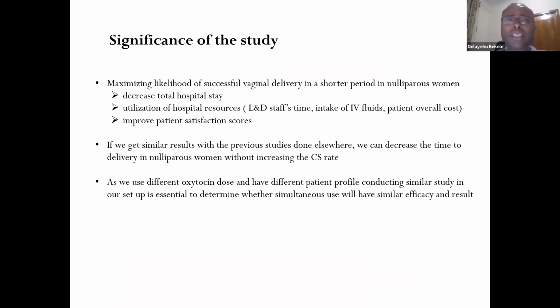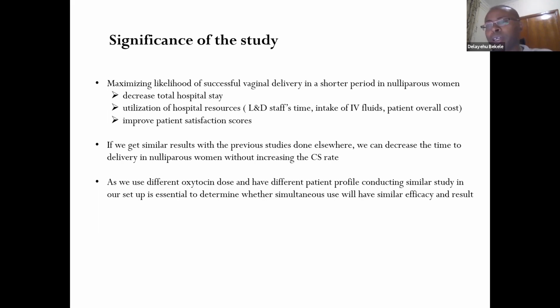So maximizing the likelihood of successful vaginal delivery in a shorter period in a nulliparous woman has a significance, especially in our setup, as decreased hospital stay, utilization of hospital resources such as labor and delivery time, intake of IV fluids, patient overall cost, and improved patient satisfaction.